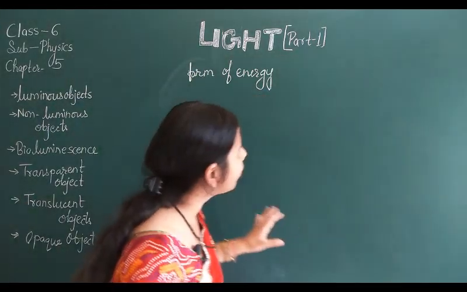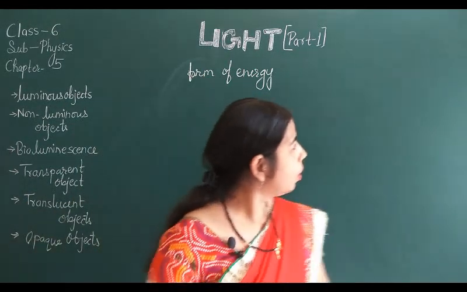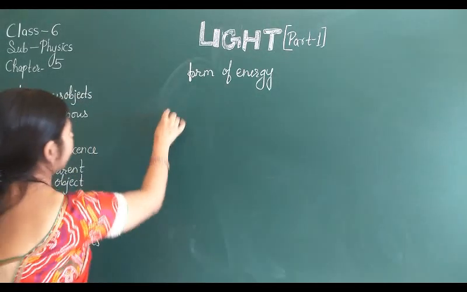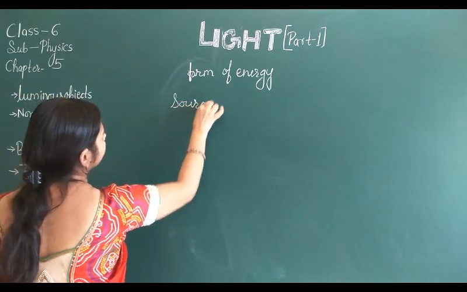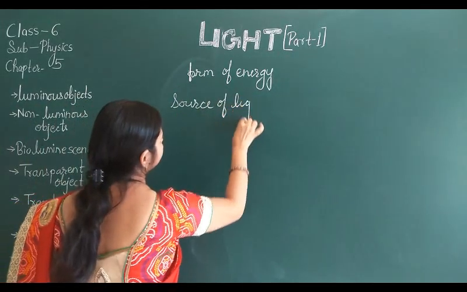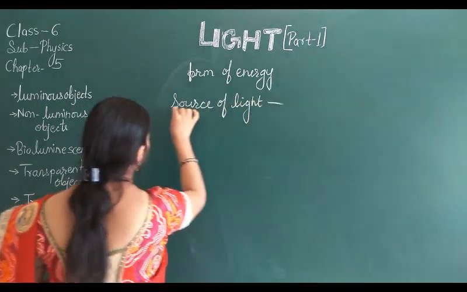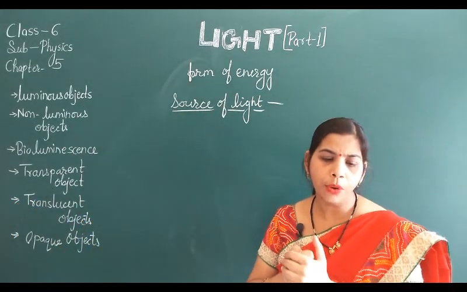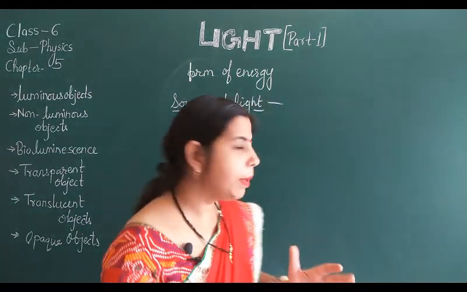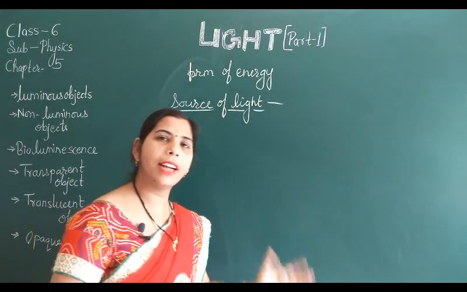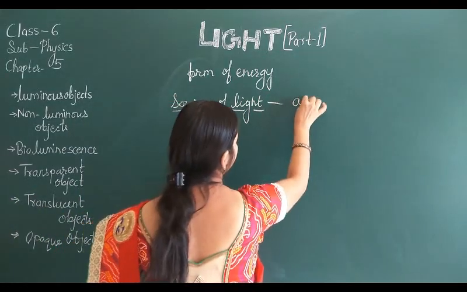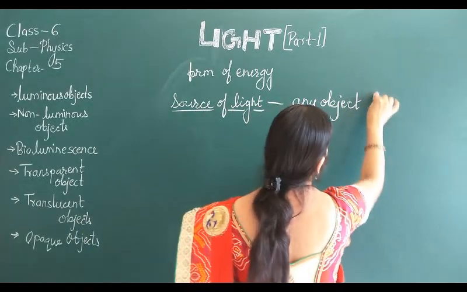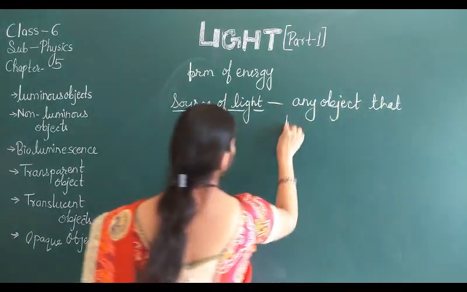Now if light is a form of energy, if we ask what is a source of light, you can easily understand source means from where we can get the light. So any object that produces light is known as the source of light.